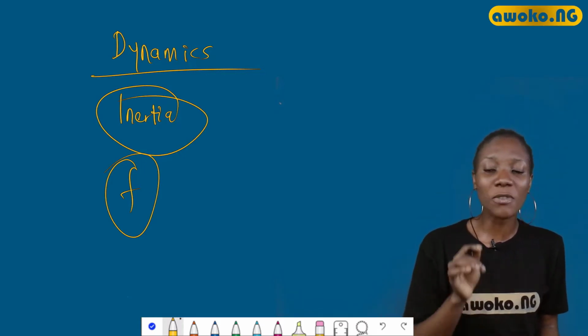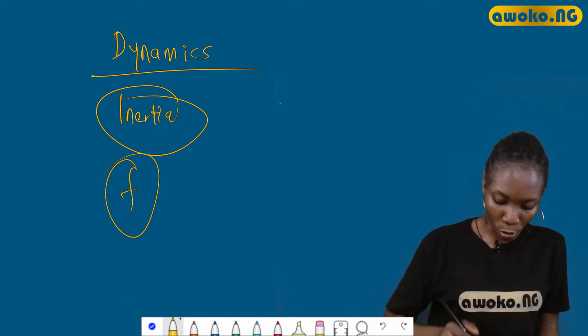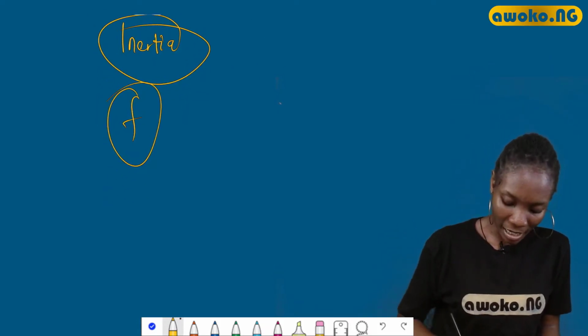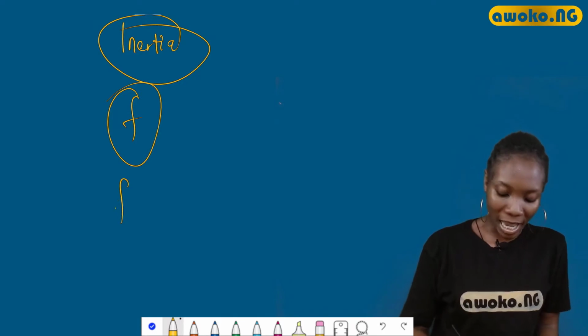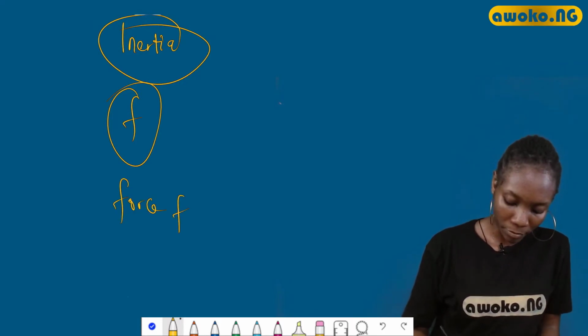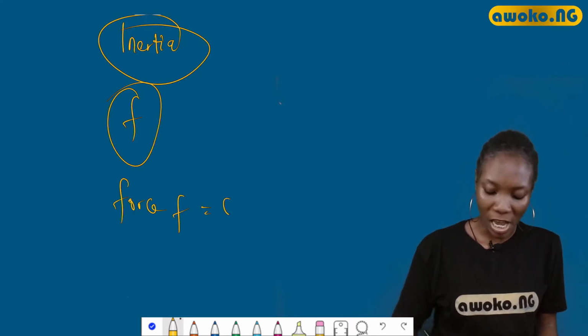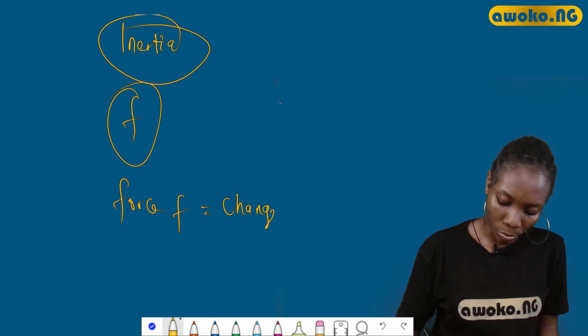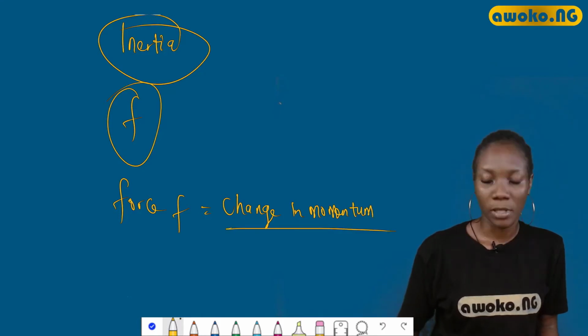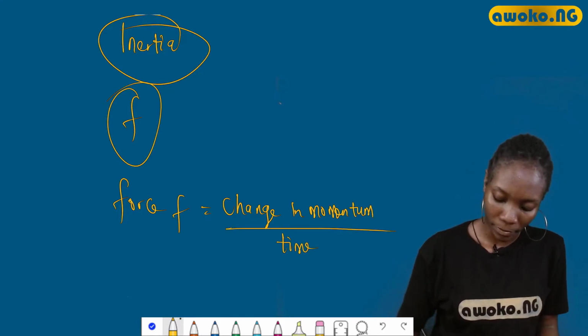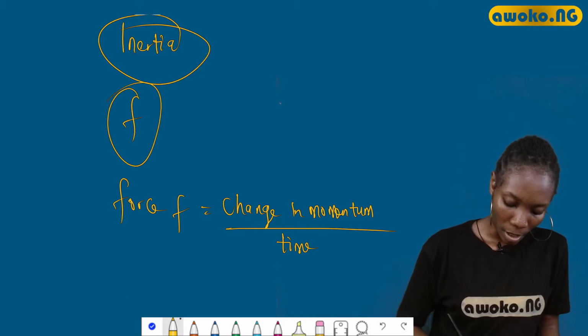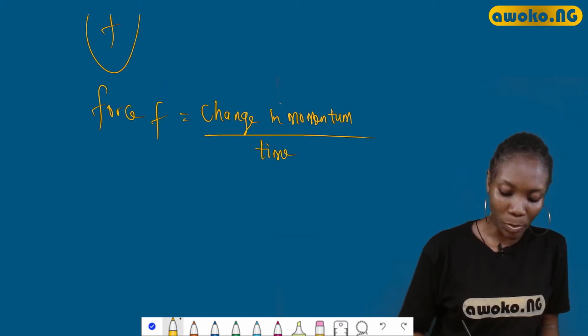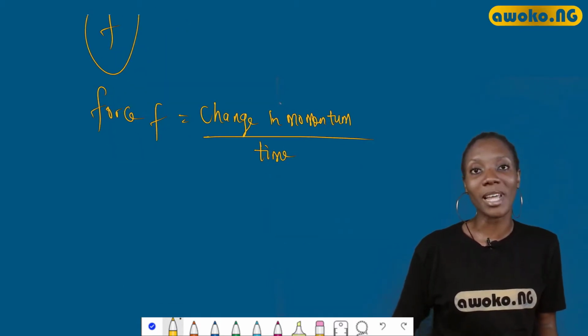So Newton's second law of motion is written mathematically as F, the force, equal to the change in momentum over time. I'm sure most of us are familiar with this, but there is more to this than meets the eye.